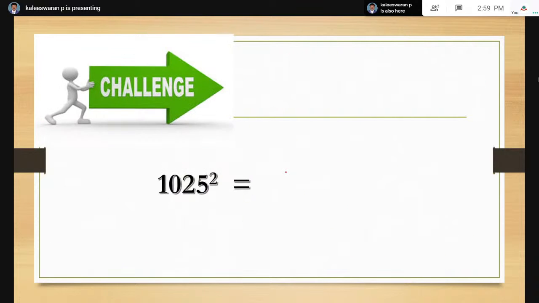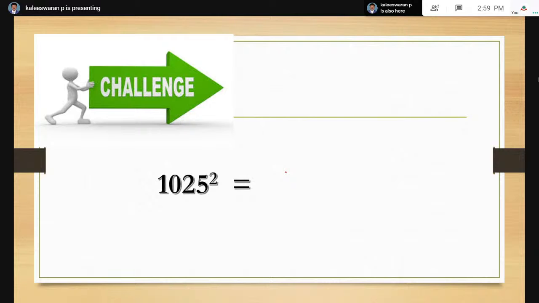This is the last slide, last question. What is 1025 square? It is the combination of two methods, right?